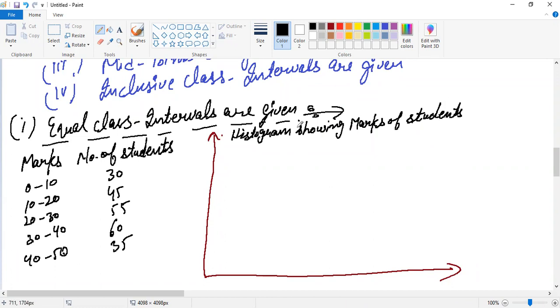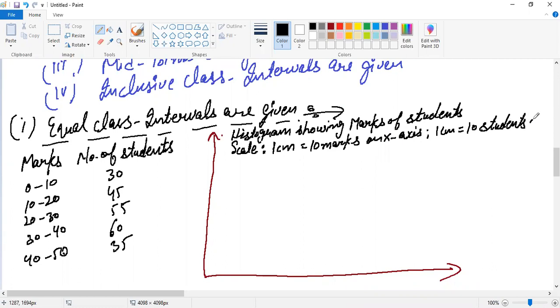And we can choose the scale: 1 centimeter is equal to 10 marks on the x-axis and 1 centimeter is equal to 10 students on the y-axis. Okay, so this is 0, y and x.